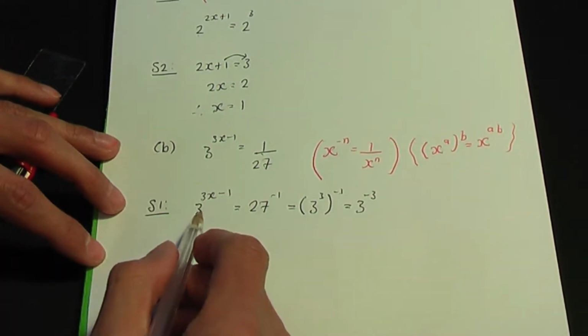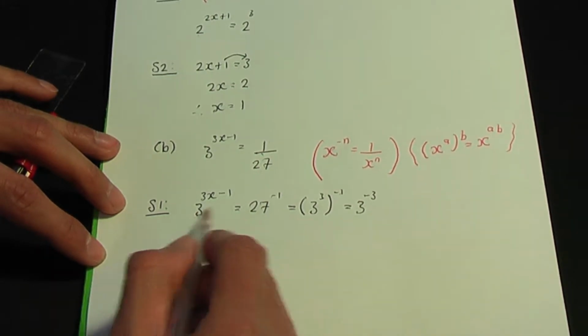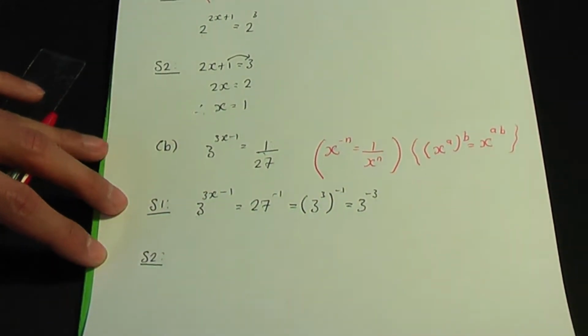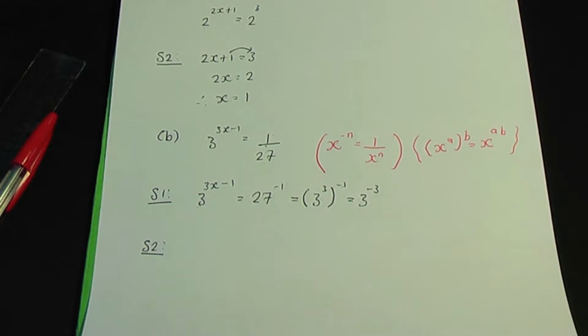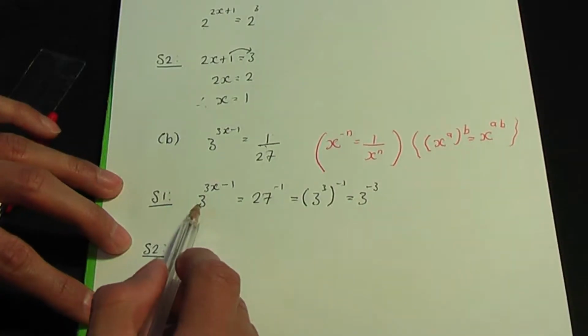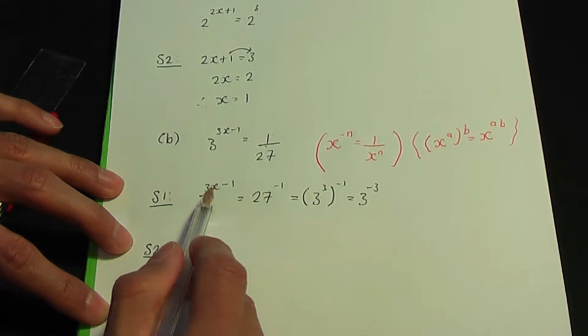So that completes step number 1 in the sense that I have a base of 3 now on both sides of this equation. This takes us nicely to step number 2. Remember, we then equate the powers on both sides of the equation to calculate the unknown. Since I have a base of 3 on both sides, let's equate the powers.